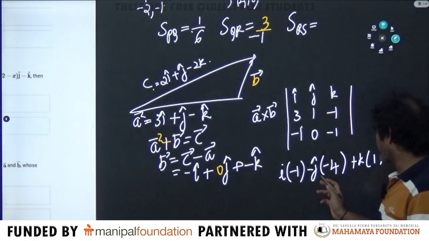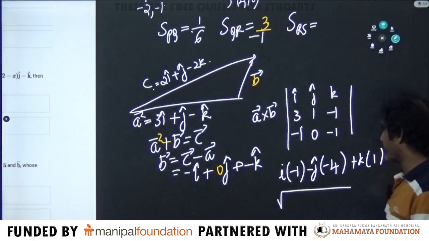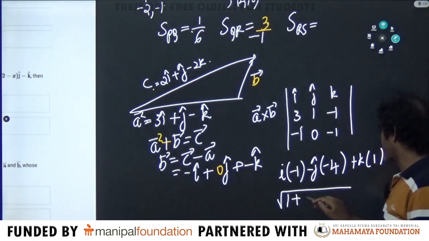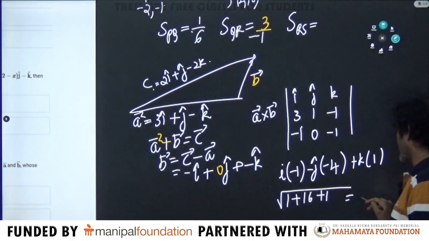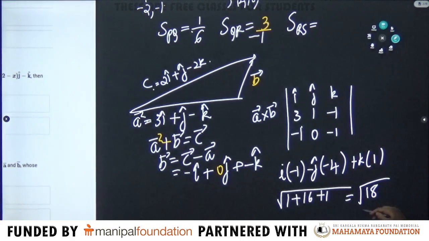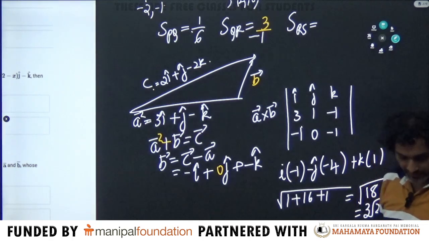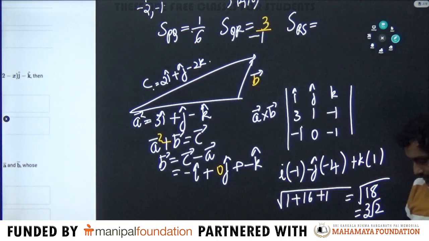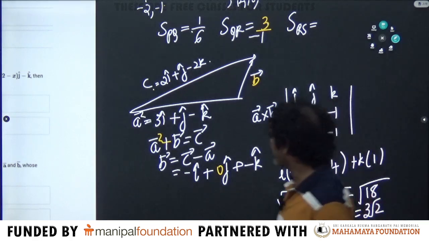So take the magnitude: root of 1 plus 16 plus 1, root 18, which is 3 root 2. So the answer is 3 root 2 square units.